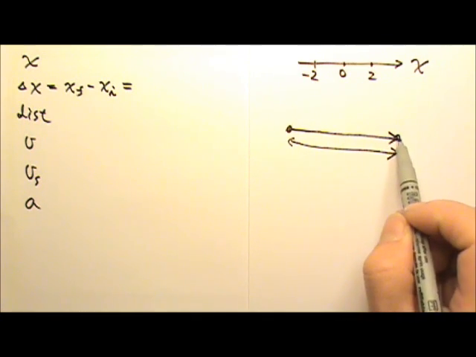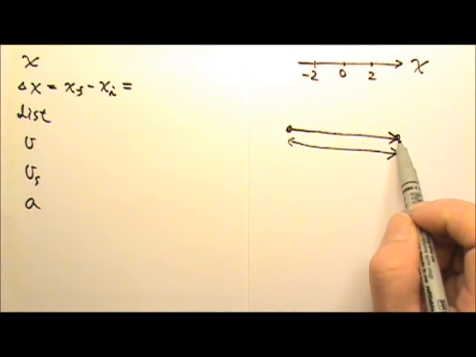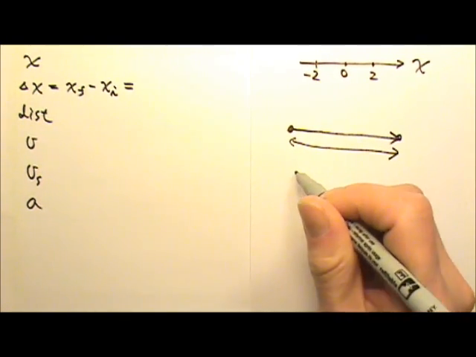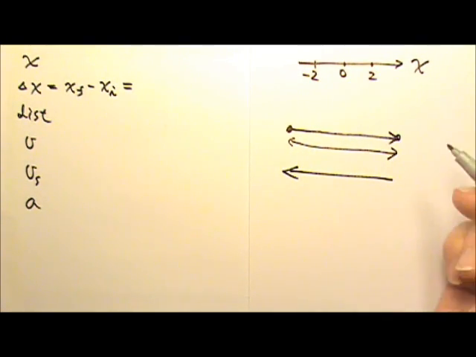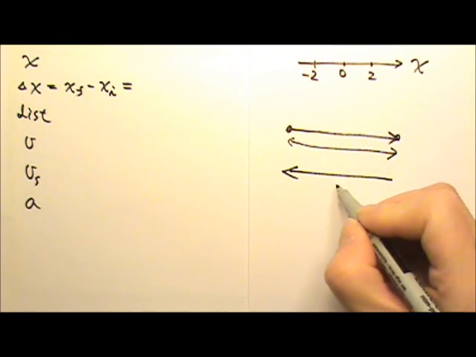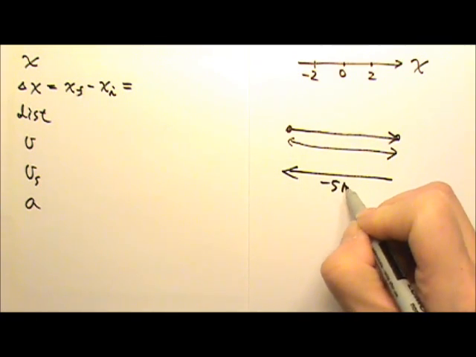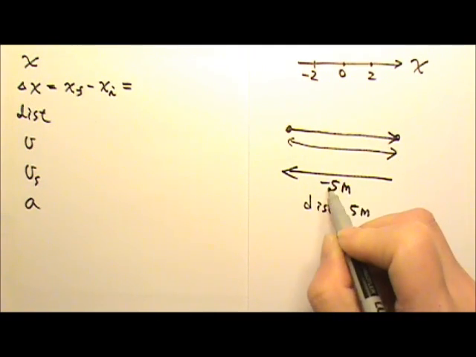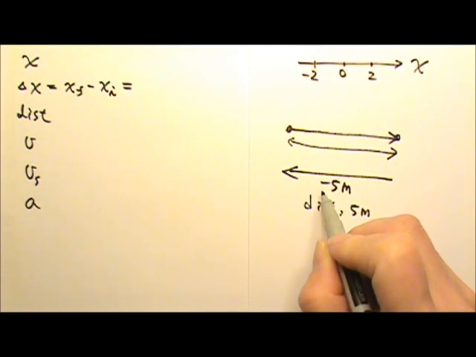So in this case, the displacement and the distance traveled would have the same numbers. The only thing is, if the displacement goes in the negative x direction, for example negative 5 meters, the distance traveled will only be 5 meters without the sign, because the sign for a vector means direction.